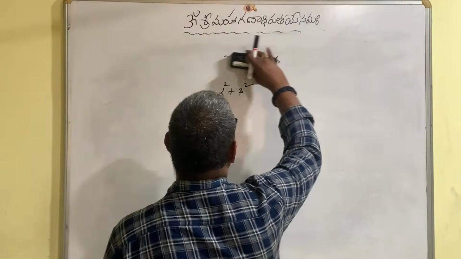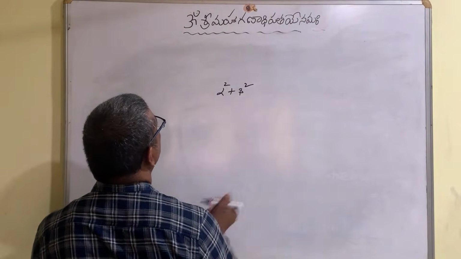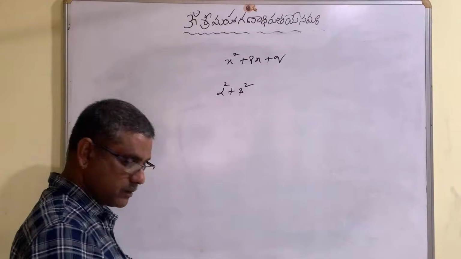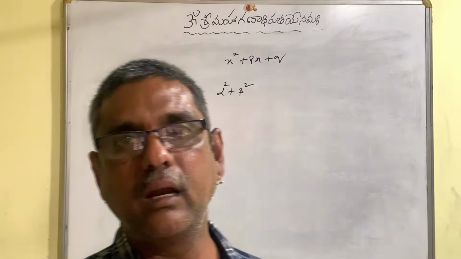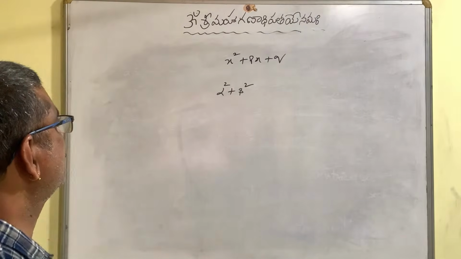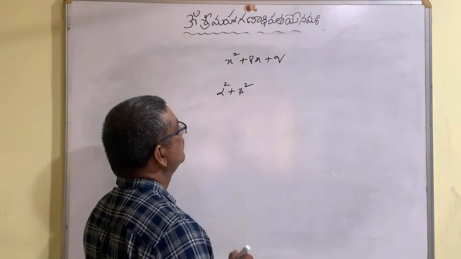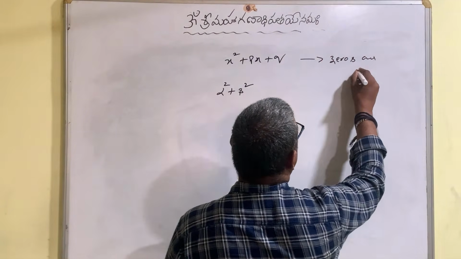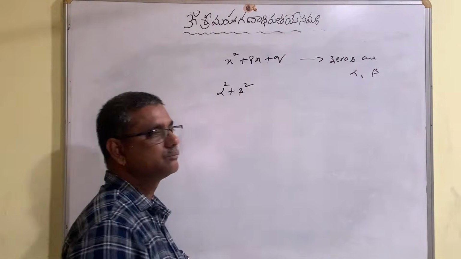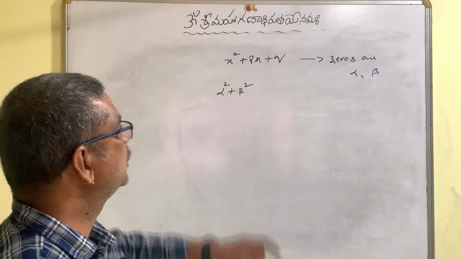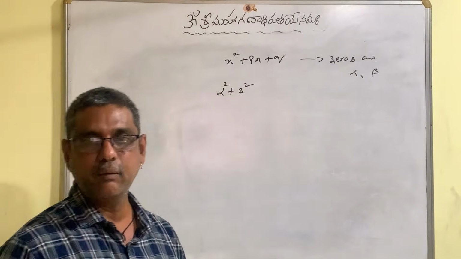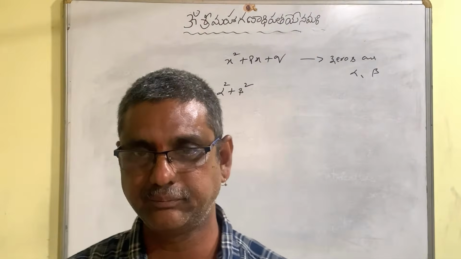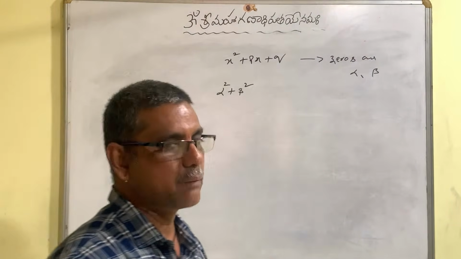Let us consider a polynomial with unknown coefficients: x square plus px plus q, whose zeros are alpha and beta. We need to find the alpha square plus beta square value. Basic problem.